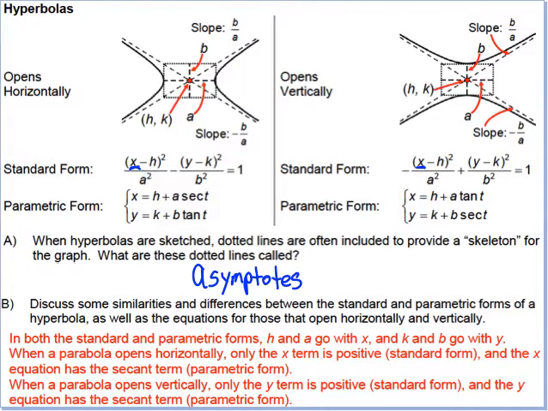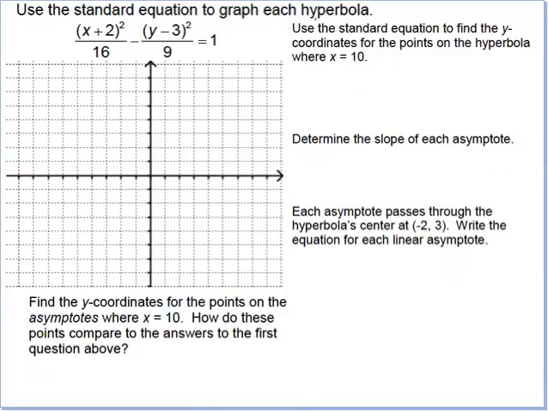So when your hyperbola is opening up and down, just make the x fraction negative. When you have the standard form of the equation, you look for which fraction is positive, and that will tell you whether you're opening left and right or up and down. All right, next page of the notes.